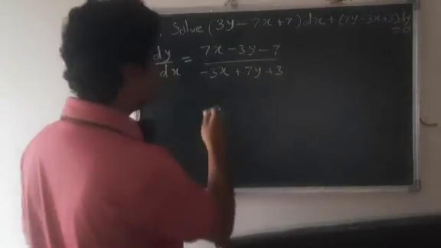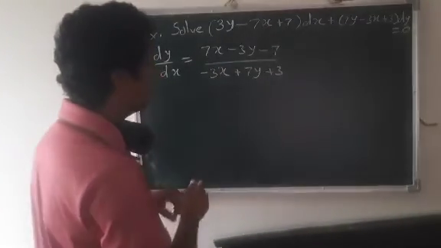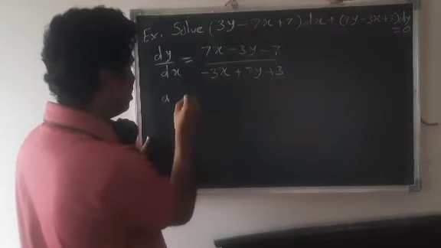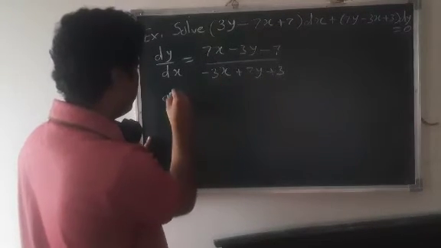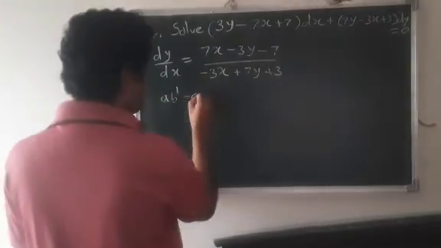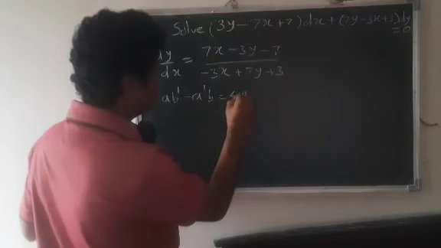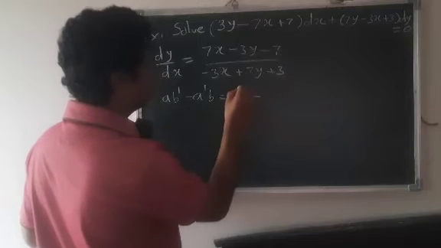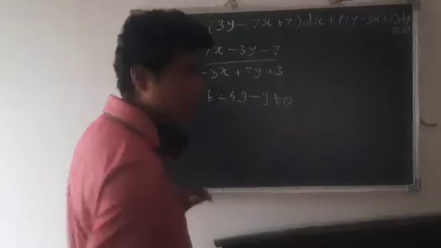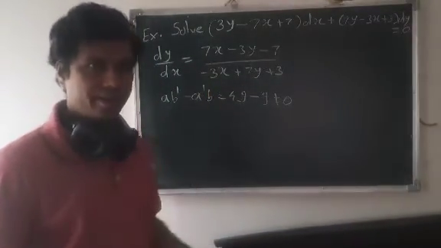So first we check what is the determinant of coefficients of x and y. It is ab dash minus a dash b. It is 7 into 7 minus 9, so this is non-zero. We can find a unique solution for h and k.